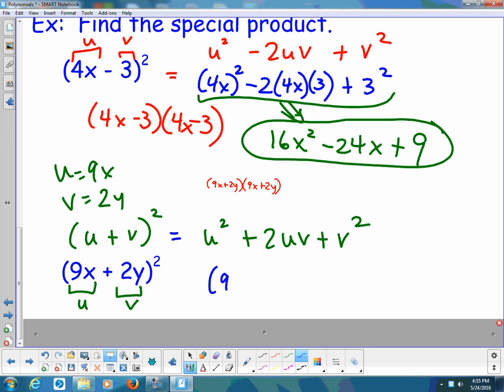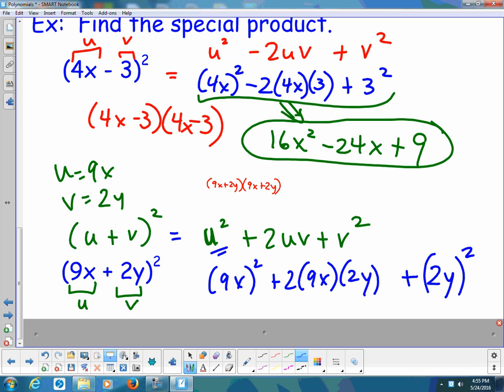So I'm going to write (9x) quantity squared, that's my u squared part. And then I want plus 2 times u, which is 9x, times v, which is 2y, plus v squared, which is (2y) quantity squared. Notice how careful I am. I'm putting parentheses around my 9x before I square it. I'm putting parentheses around my 2y before I square it.